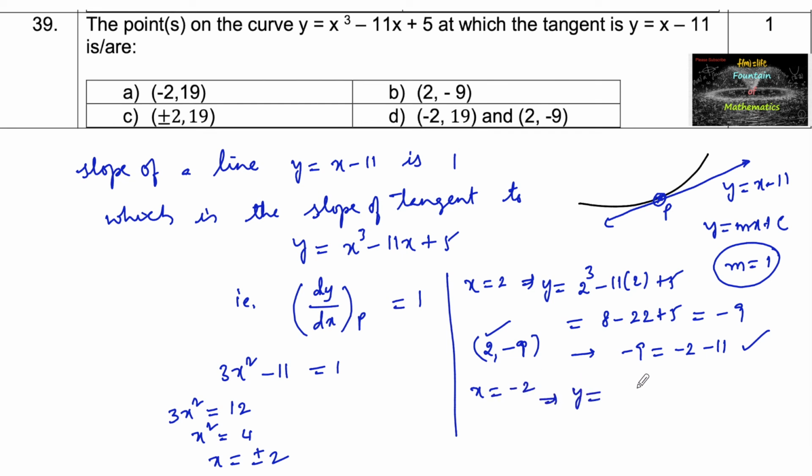Another point is for x is equal to -2. So y is equal to (-2) whole cube minus 11 into -2 plus 5, that is y is equal to -8 plus 22 plus 5, that comes to 14 plus 5, 19. So x is equal to -2 and y is equal to 19.